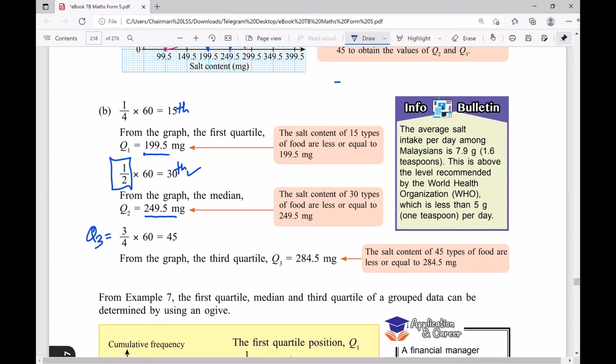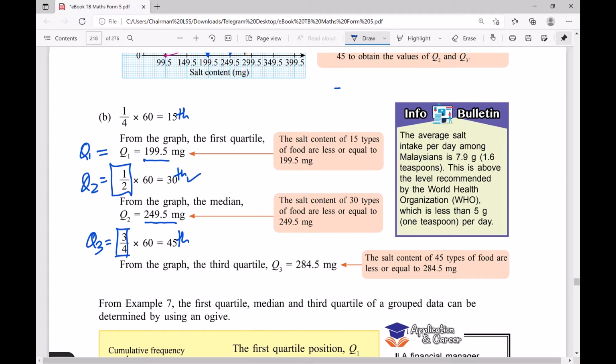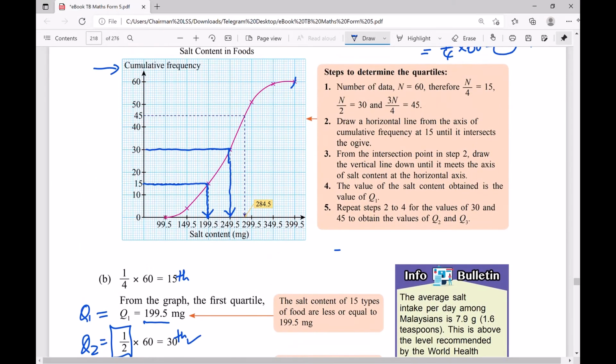Okay, and then finally your third quartile. This one is your second quartile. This is your first quartile. Okay, this formula, remember, 3 over 4 times 60, you get 45. The 45th data is here.